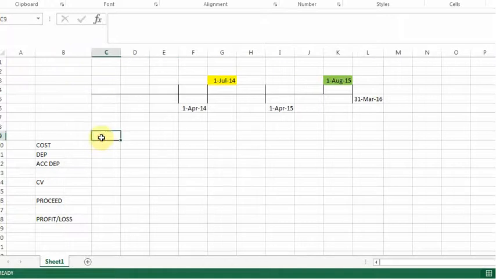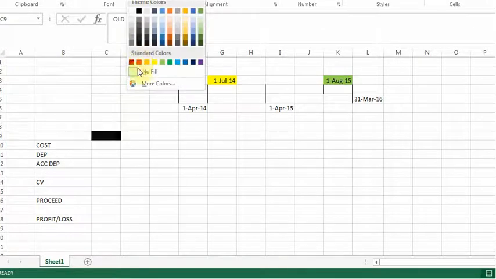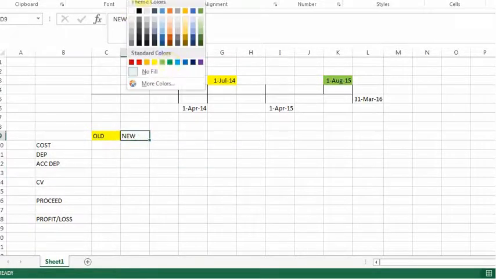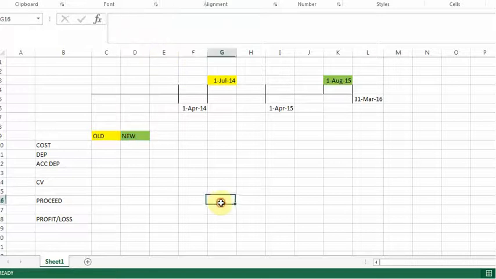So let's have one little area then for the old vehicle, which is then the yellow one. Just going to highlight it again. And then for the new vehicle, I think it's vehicles, right? Yes, it's vehicles. There's the green, so we have the old and we have the new.